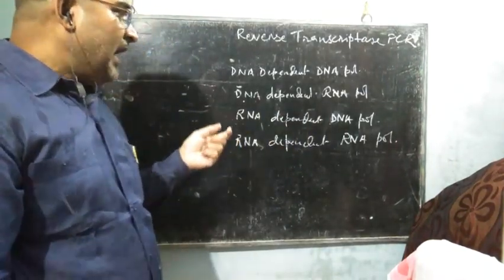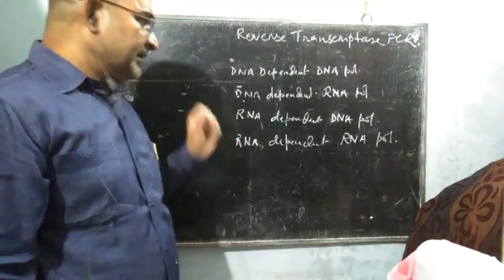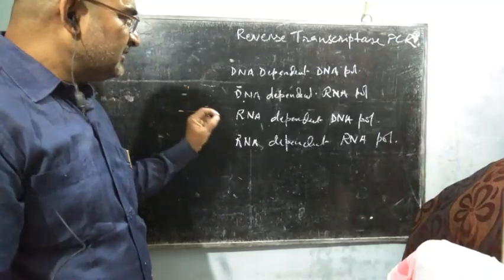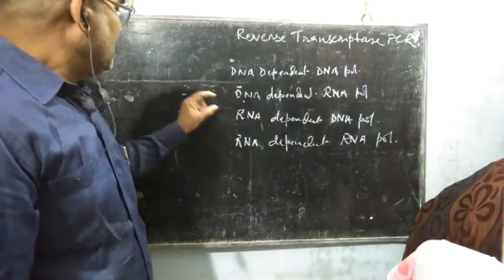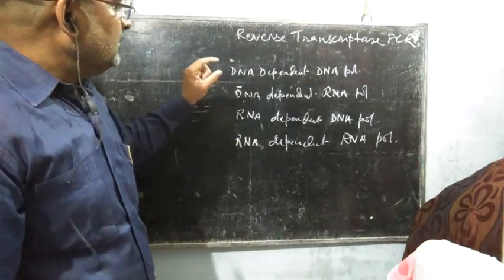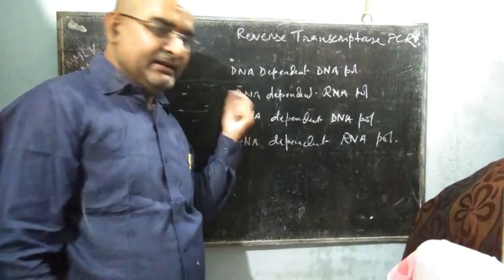The third one is the RNA dependent DNA polymerase. This enzyme is responsible for the synthesis of the DNA strand by the use of the RNA template.